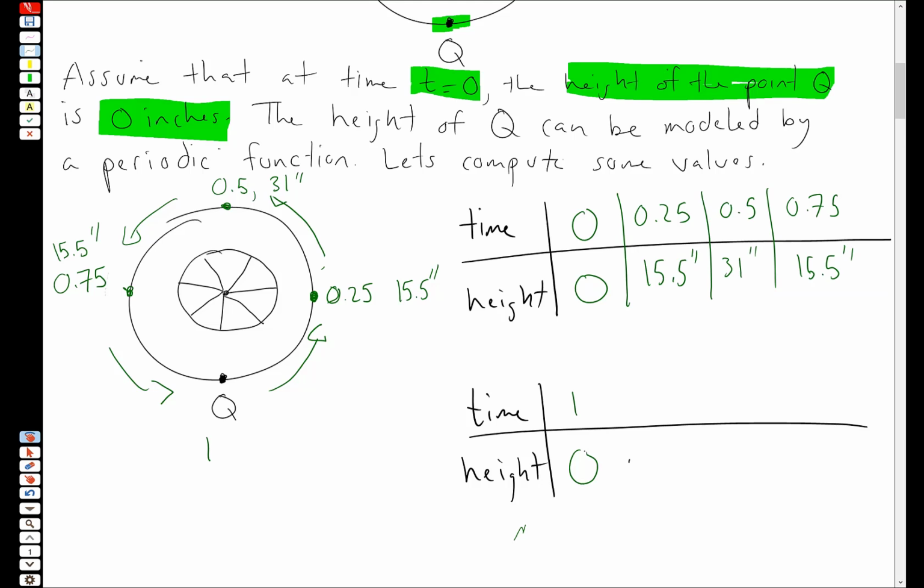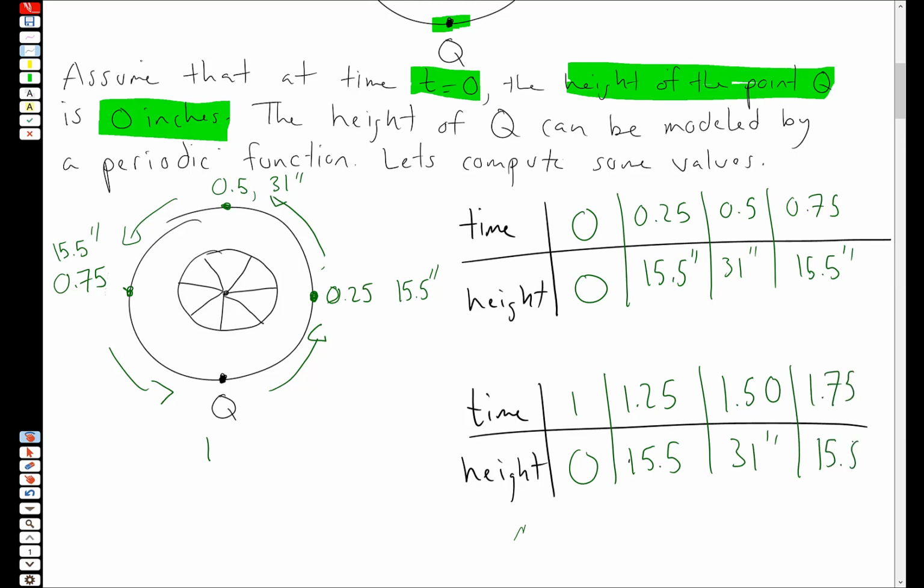Once 1 second has gone up, the point has gone all the way around the circle and it's back where it started. Then if we go another quarter second out, so 1.25 seconds, it's going to be back at 15.5. And then at 1.50, we're back up to 31, and at 1.75, we're at 15.5 again.